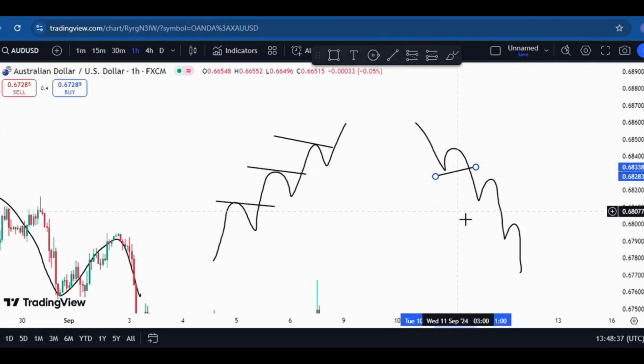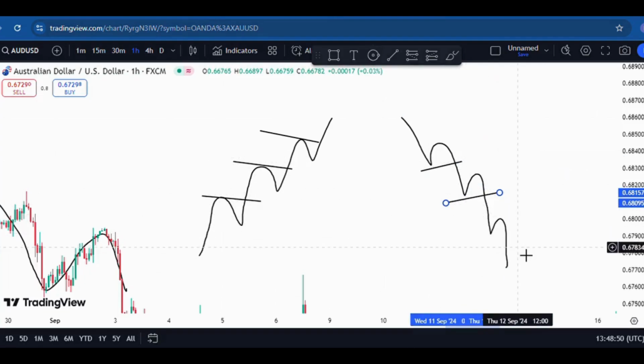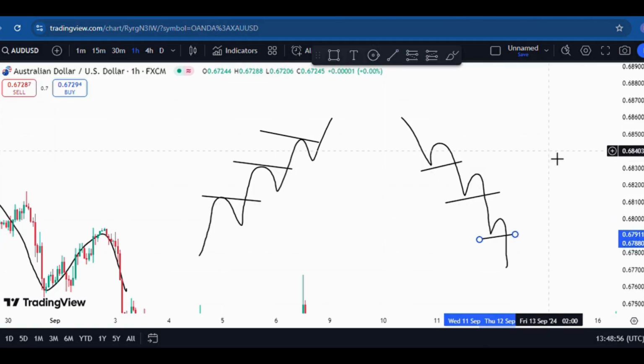Price keeps breaking the support level of this chart. I didn't really draw the downtrend correctly, but you can see that it keeps breaking the support level. Even this level keeps breaking. That is to know that at this point, sellers are in control.